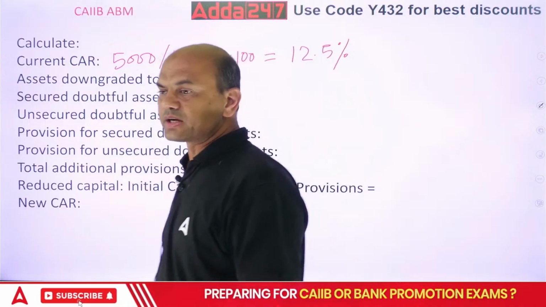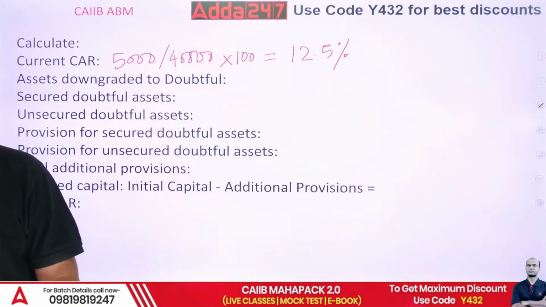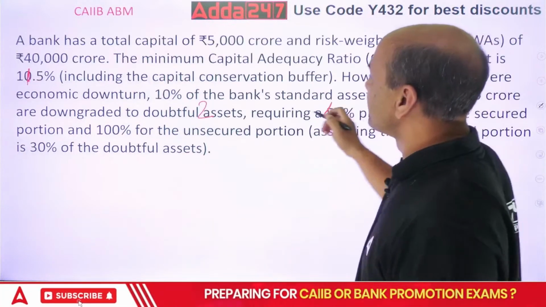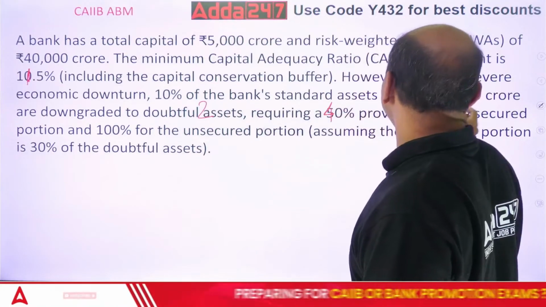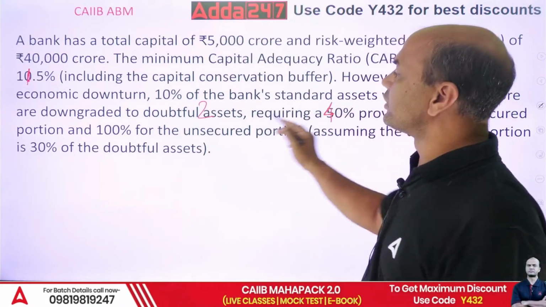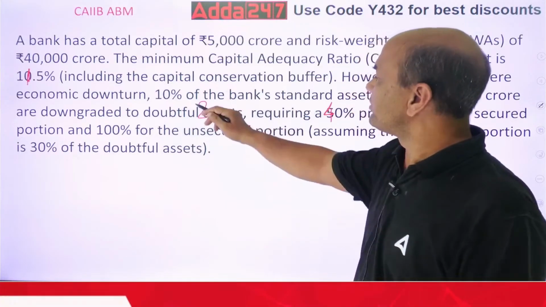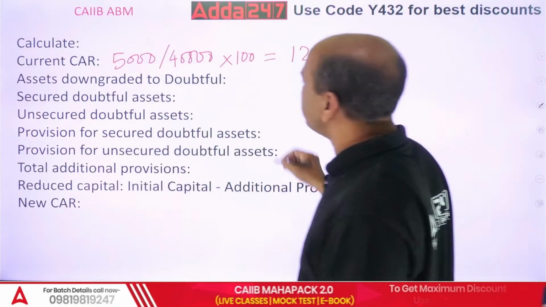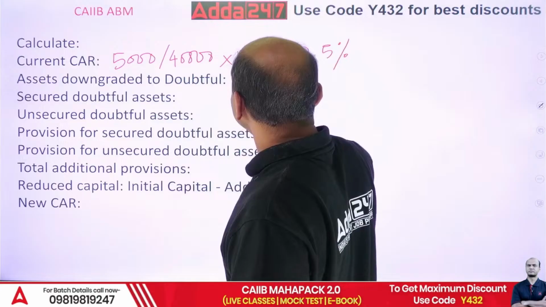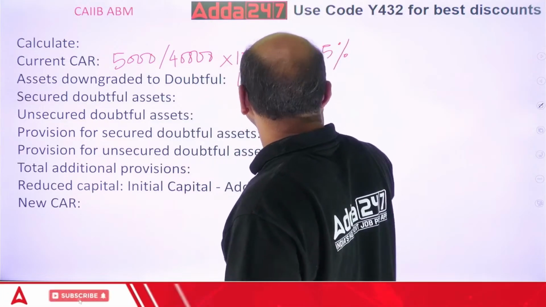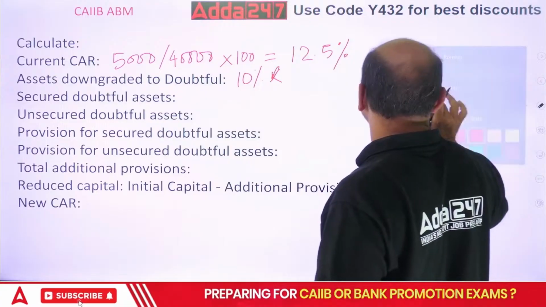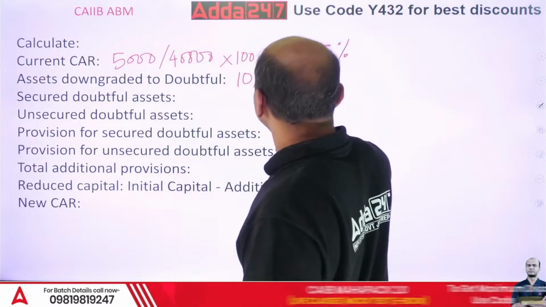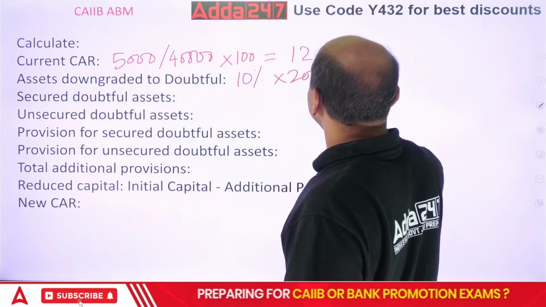Assets downgraded to doubtful. What are the assets which are downgraded to doubtful? Due to some severe condition, 10% of the bank's standard assets worth 20,000 crore were downgraded to doubtful 2.